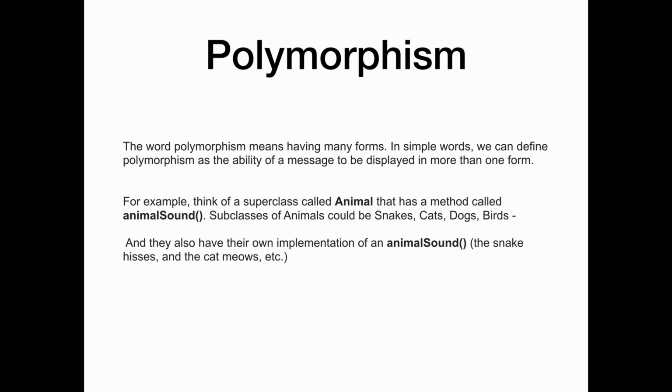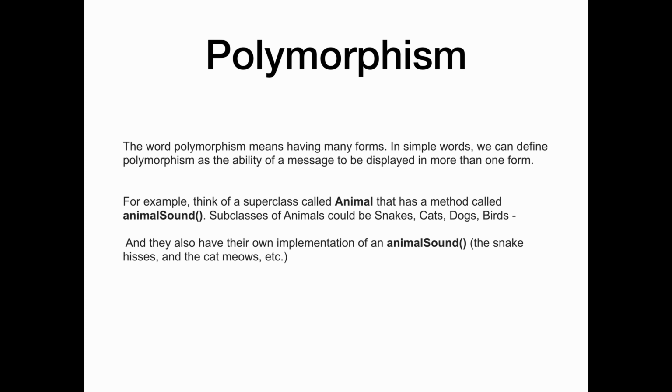Polymorphism means having many forms. Now the thing about programming is that once you understand the concept, then understanding the code will be easier. So let's look at this concept. We have a superclass called animal. That animal has a method called animal sound.